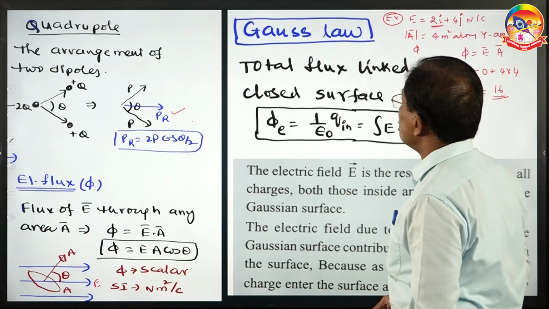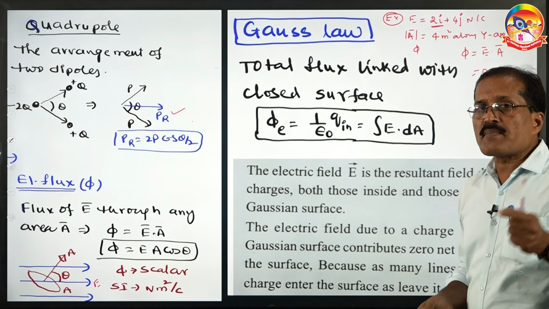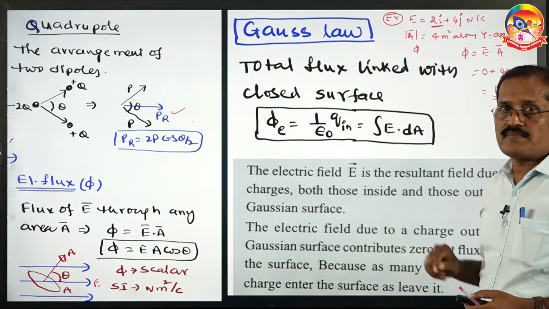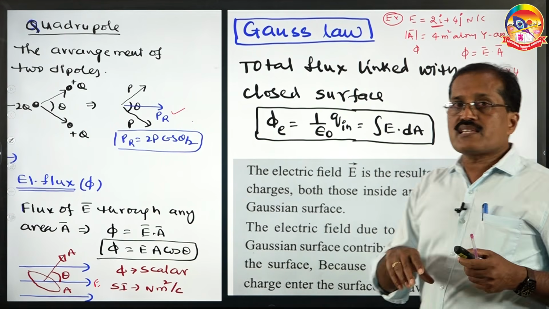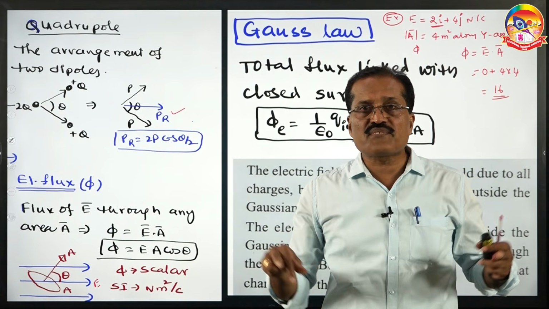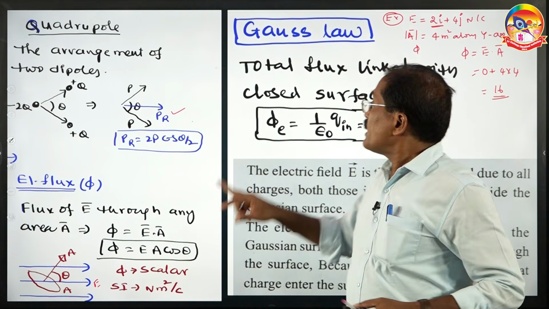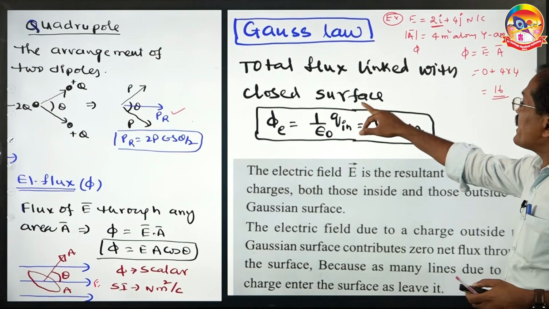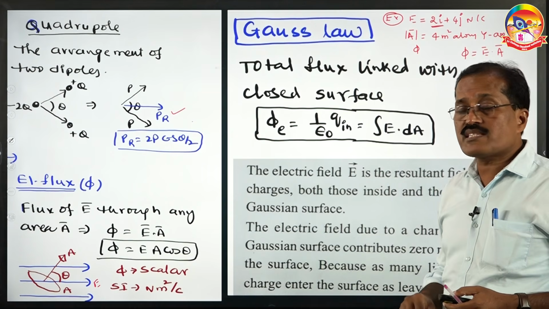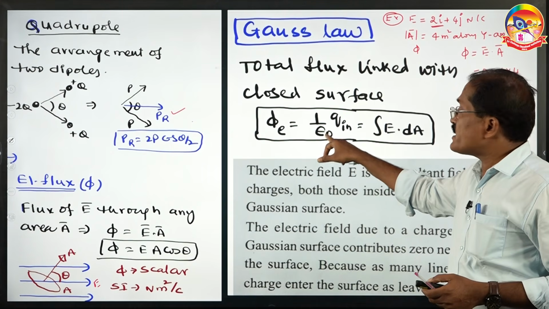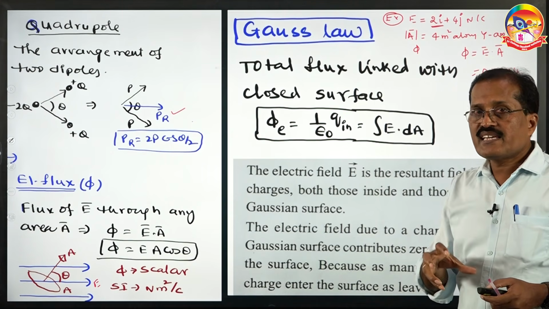Now the next concept is Gauss law. To explain Gauss law, we imagine one particular surface which is called the Gaussian surface. What is the total flux linked with a closed surface, the Gaussian surface? It is equal to 1 by epsilon 0 times the charge inside it.